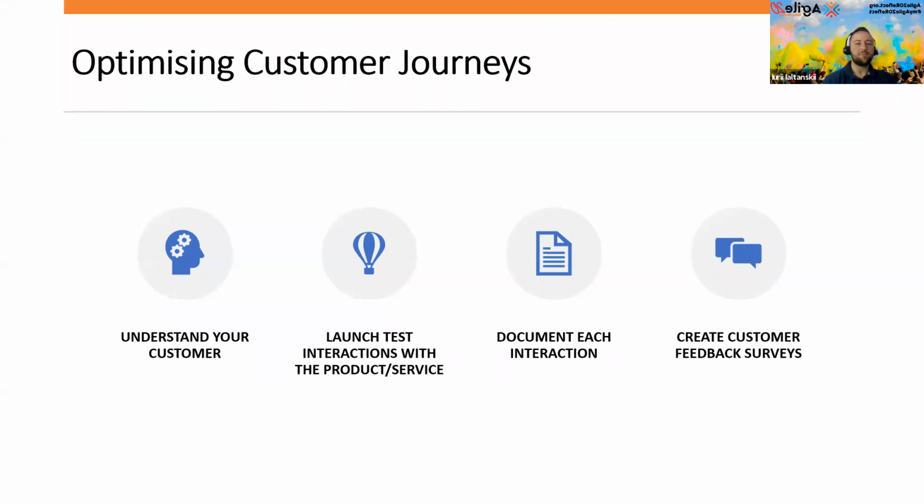And as I said, we need to launch some test interactions with the product or service using focus groups or A/B testing, most likely, or any other method that you think is appropriate for your environment. Then we need to document each interaction. So that's why we have this insights section.